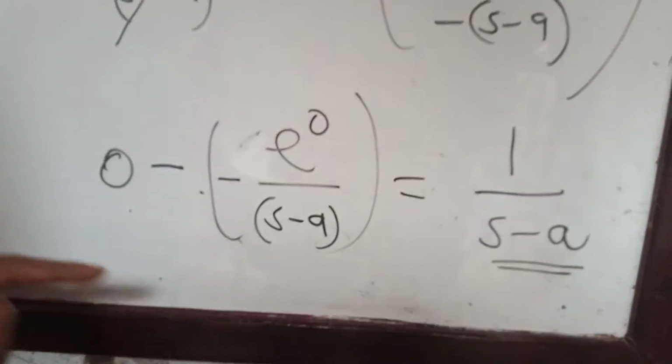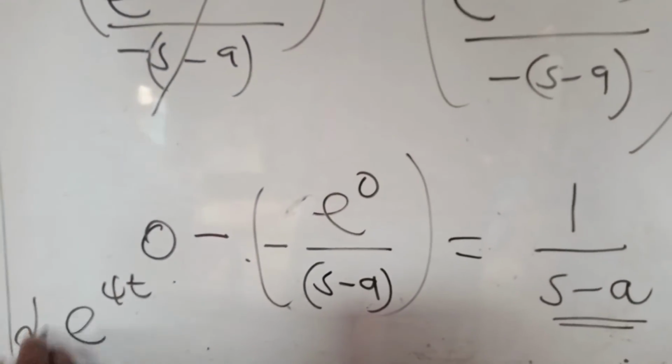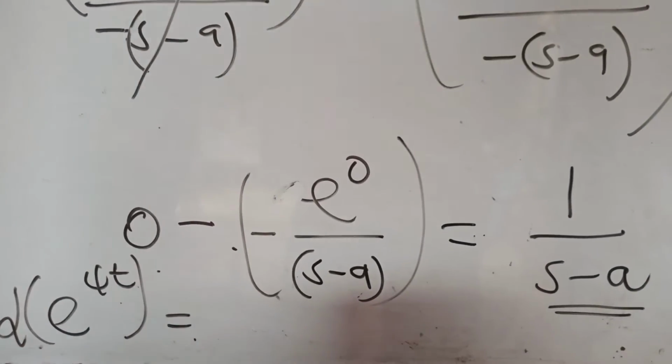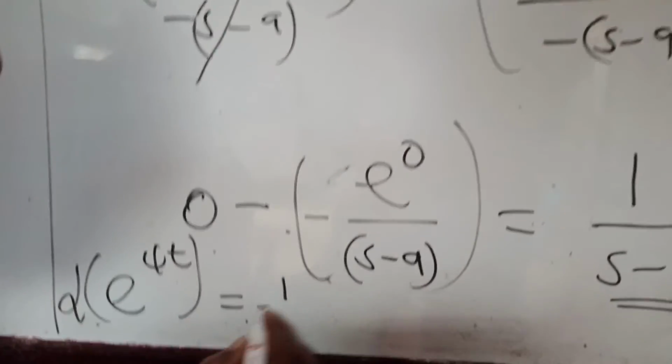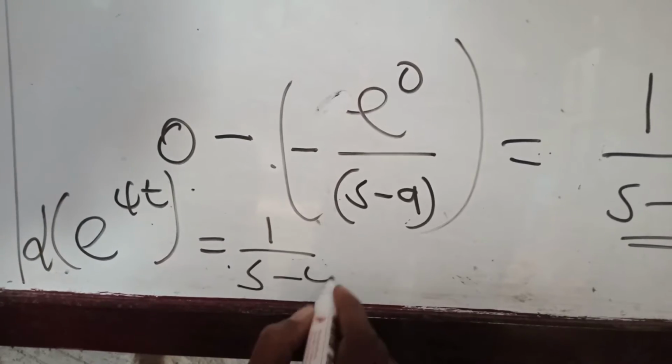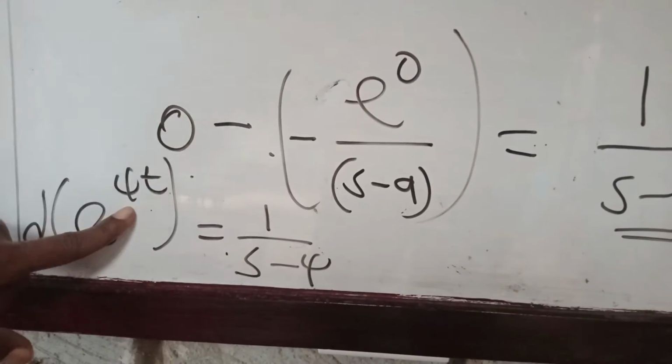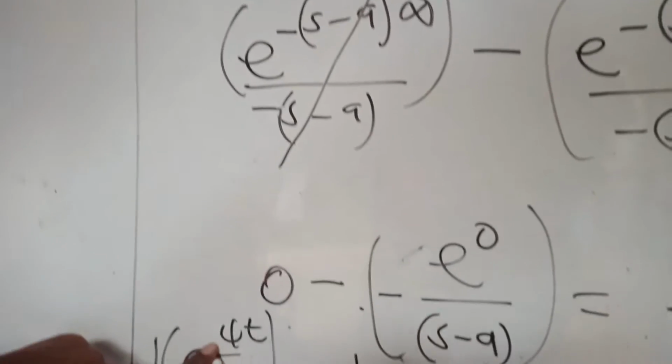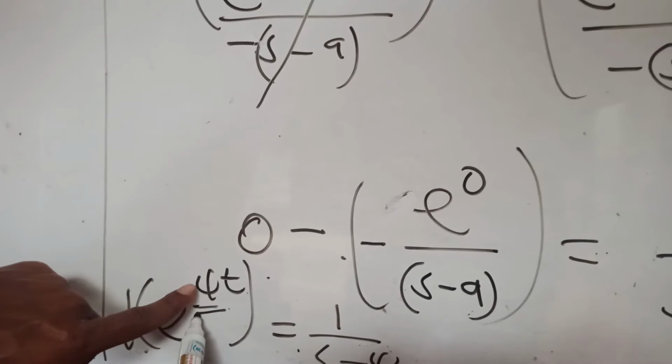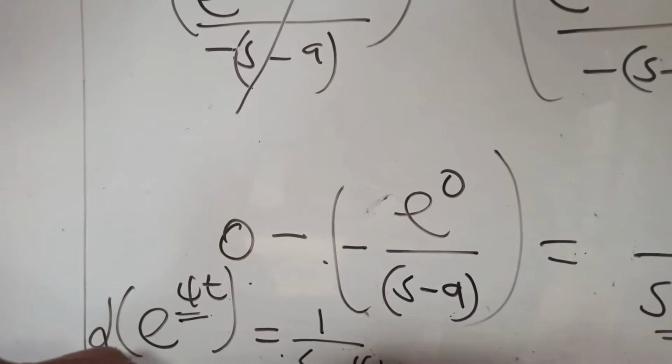So now for our case, that is e raised to power 4t, the Laplace transform of e raised to power 4t is equals to 1 over s minus 4. Remember this 4, we say let 4 be our a. So we replace the a here with the 4, so that we get 1 over s minus 4.